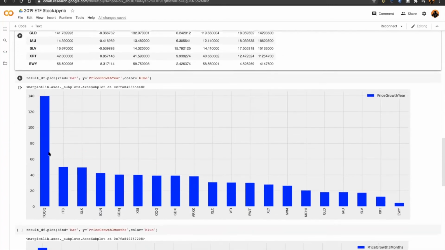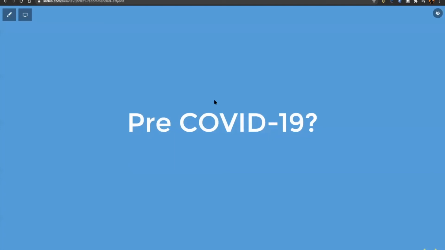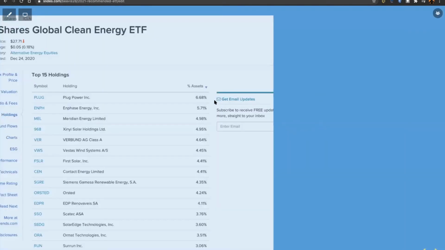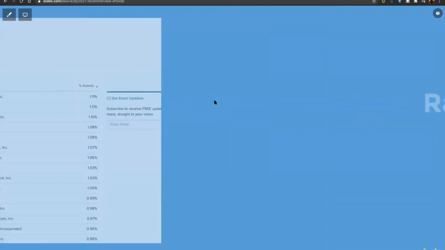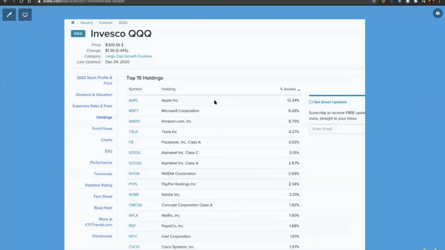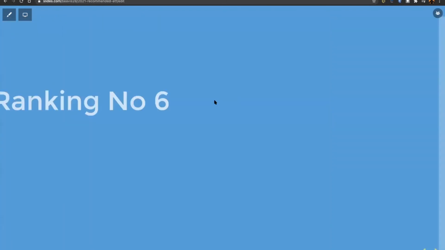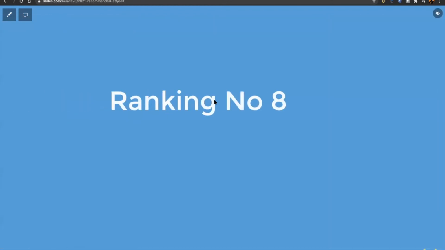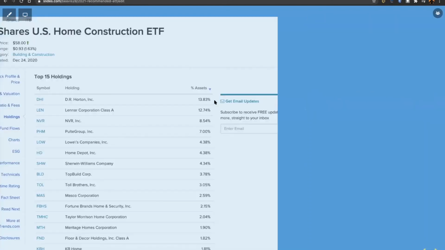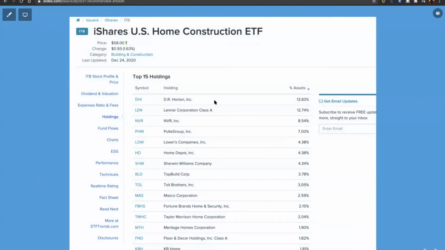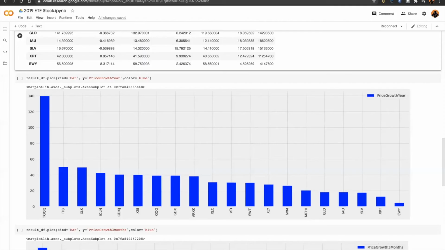TQQQ is still growing. It's a winner. And ITB, which I already mentioned, is home construction. ITB is also growing.